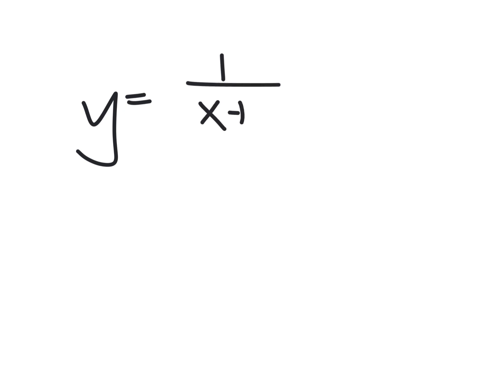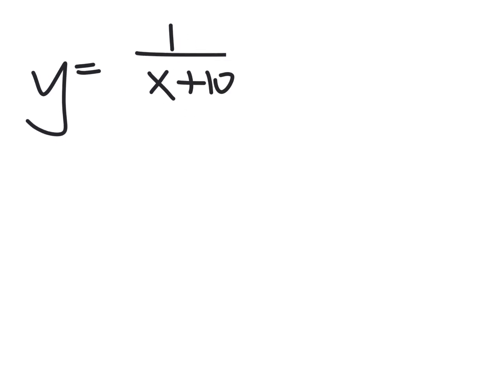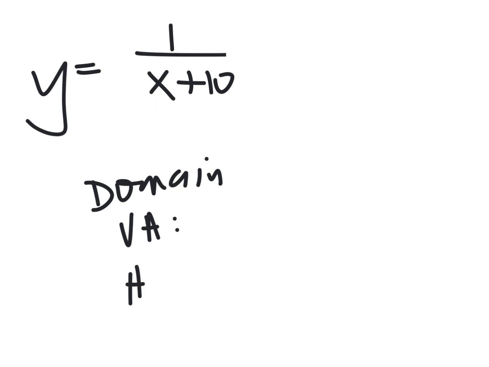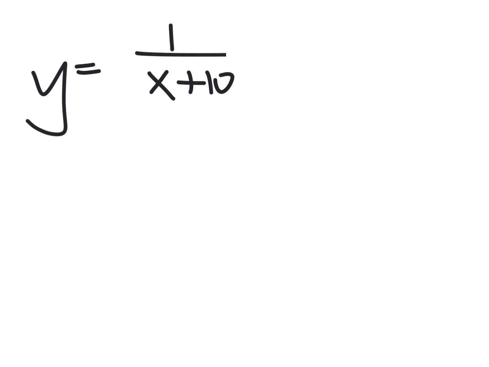So let's see if you learned anything. Everybody write this down. Y equals 1 over x plus 10. I want to know the domain and the vertical asymptote and the horizontal where you use the 1,000 idea. I also tried to connect vertical and horizontal so you know which letter is which.